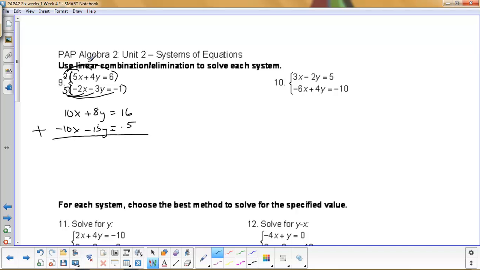That's the term linear combination. Elimination comes from the fact that the 10s will cancel each other out, therefore the x's will cancel each other out. I get negative 7y equals 11.